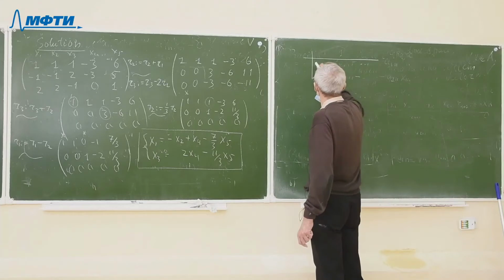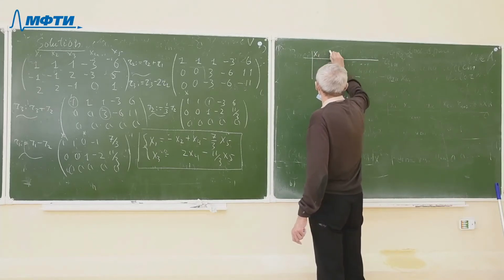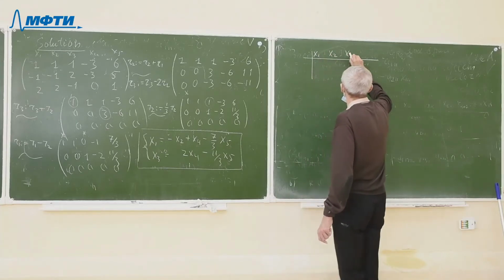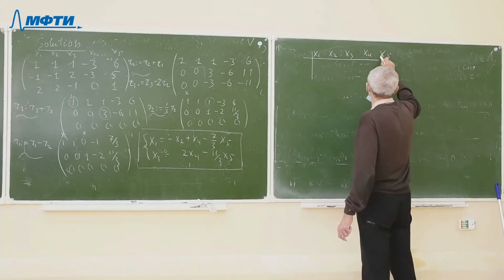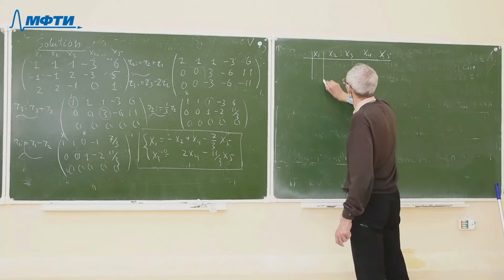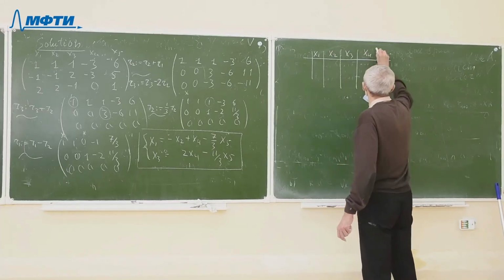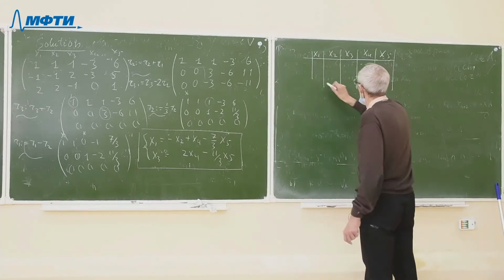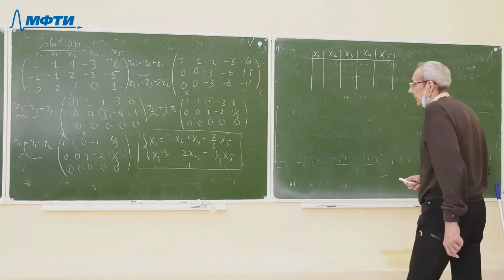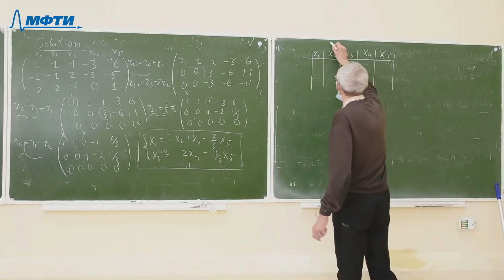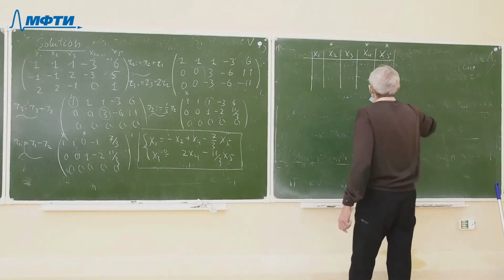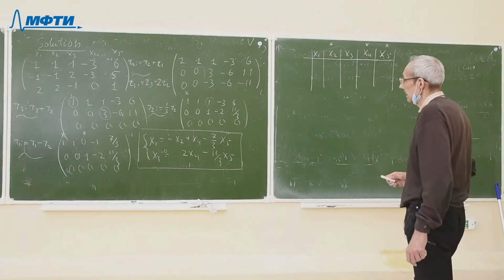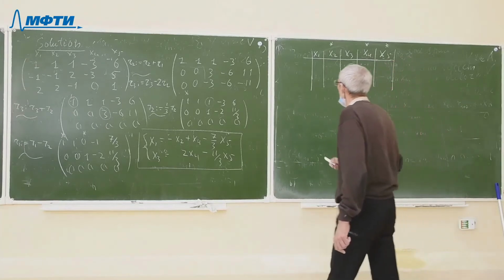We have the variables x1, x2, x3, x4, x5, and x2, x4, and x5 are the independent variables.